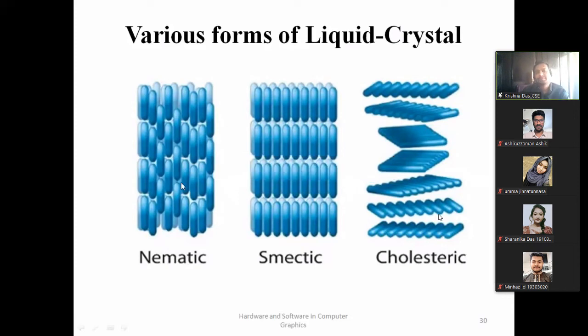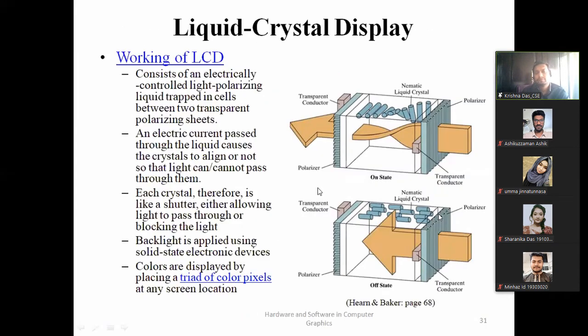Sir, I think basically the nematic liquid crystal produces a 90-degree shift in the polarization when there is no electric field present while the light is passing through. But when a voltage is applied, an electric field is produced in the liquid.